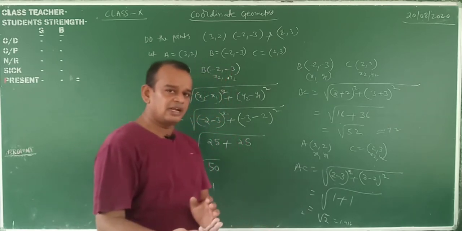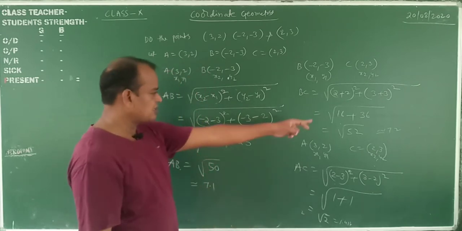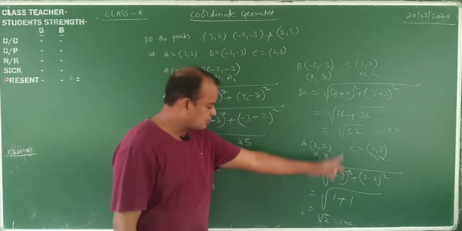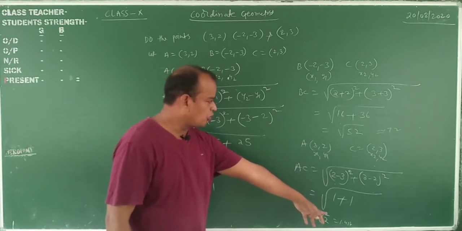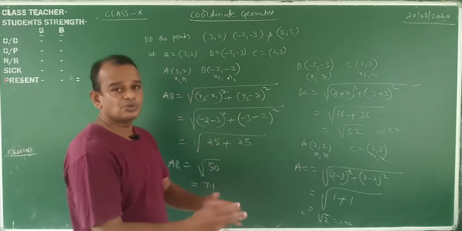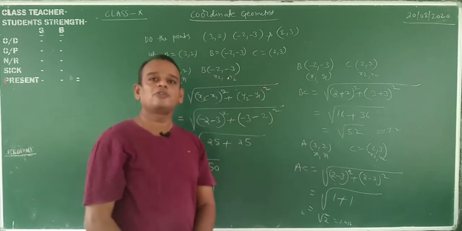Observe that 7.1 plus 7.2 is 14.3, which is greater than the third side. Adding 7.2 and 1.4 gives 8 point something, which is greater than this one. The sum of two sides is greater than the third side, therefore these points form a triangle.